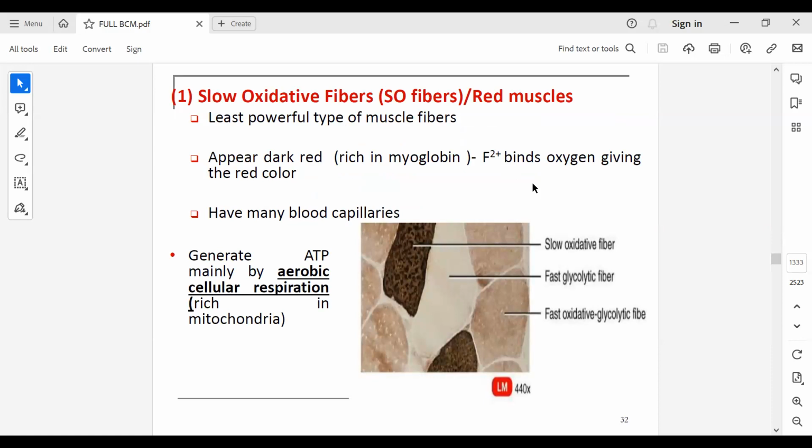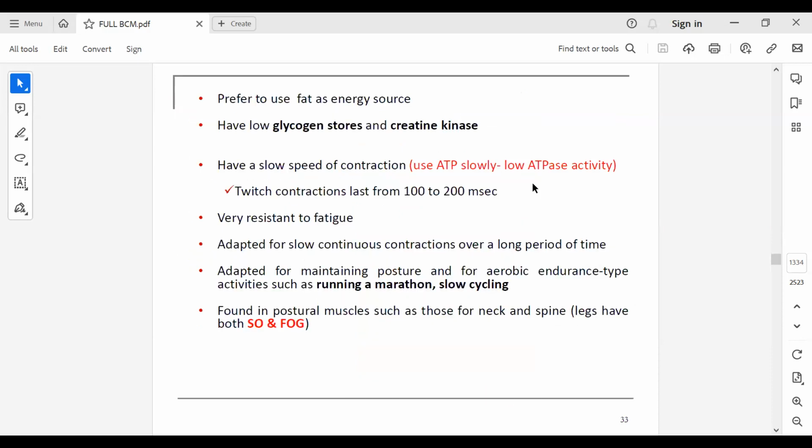So maybe these slow oxidative fibers are the ones used by Kipchoge. They have low glycogen stores, so they fatigue less, and they're mostly used by marathoners like Kipchoge and in slow cycling.